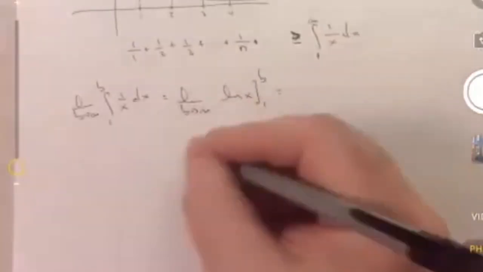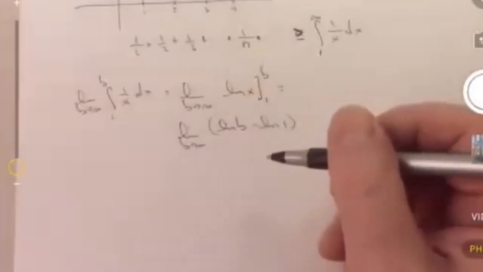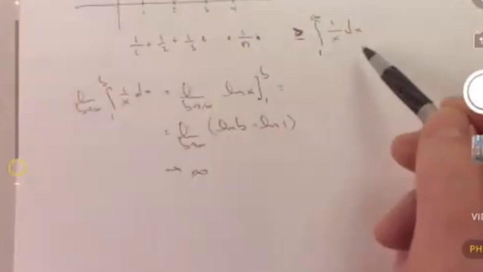So this is the limit of natural log of b minus the natural log of 1. Natural log of 1, of course, is 0. But the natural log function goes to infinity as b runs to infinity. And so this integral diverges. And since the series has value even larger, the series is going to diverge as well.